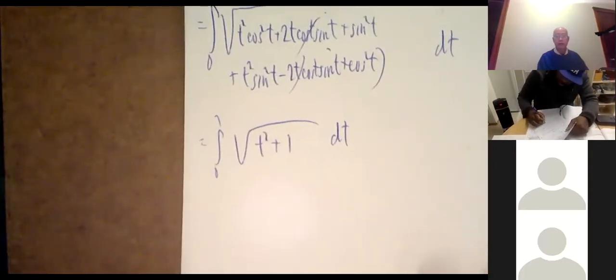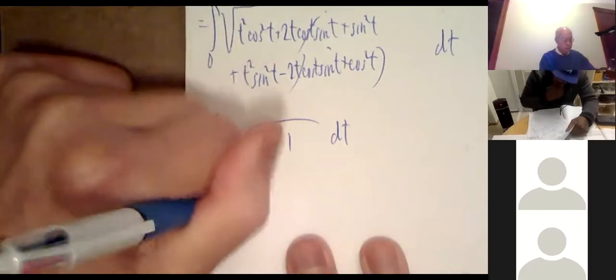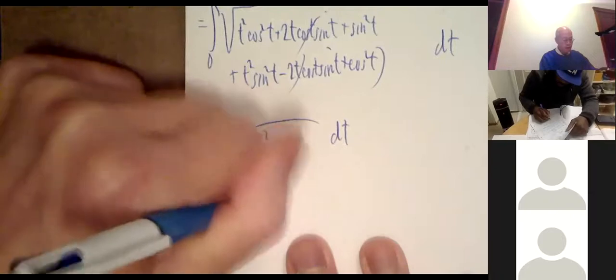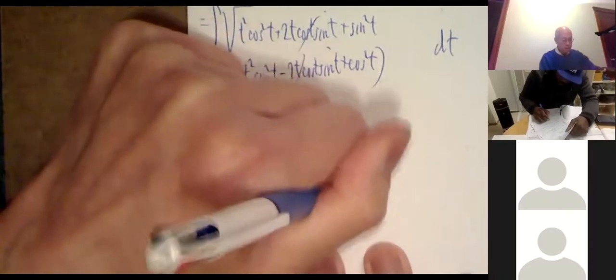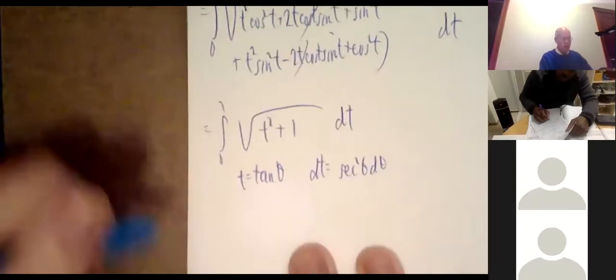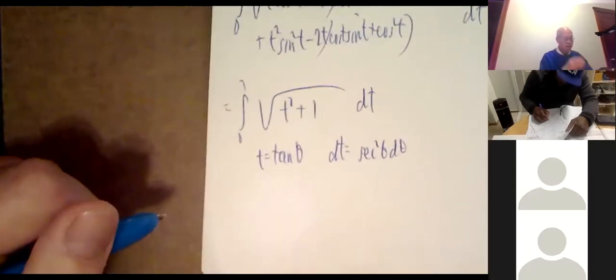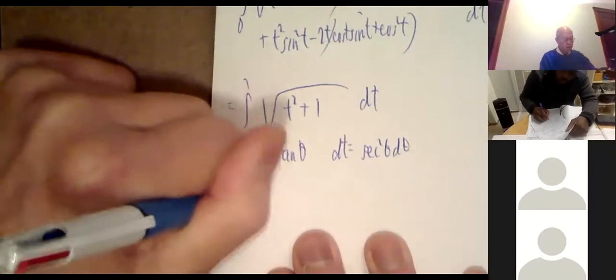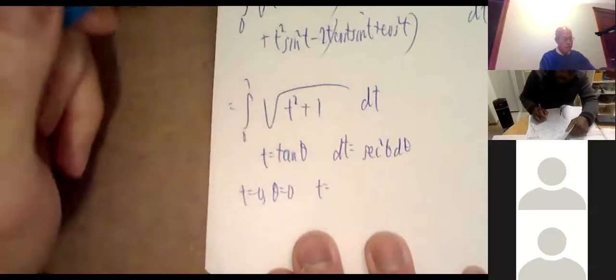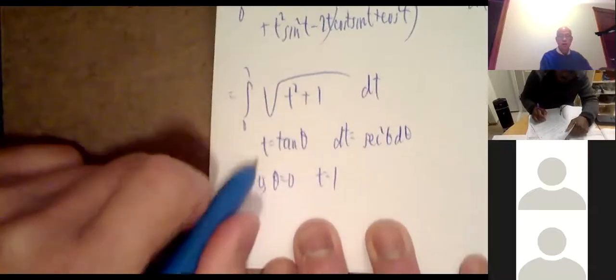So that's going to require a substitution, right? t equals tan theta, dt equals secant squared theta d theta. When t equals 0, theta equals 0; when t equals 1, tangent of pi over 4 is 1, so theta equals pi over 4.